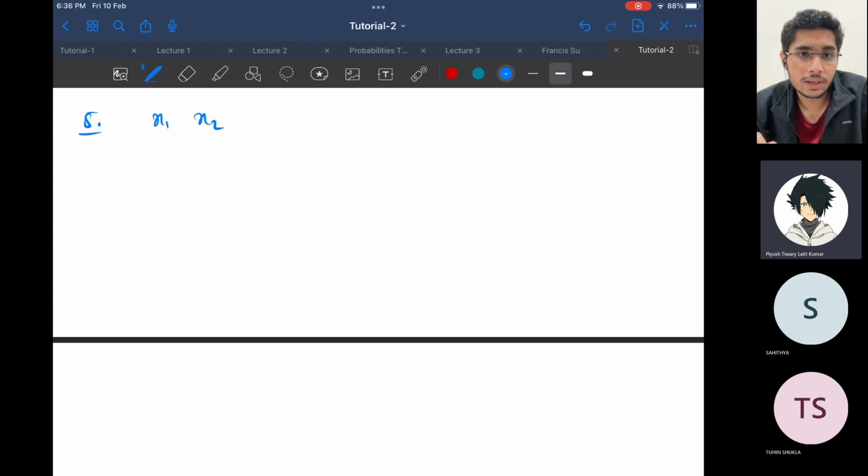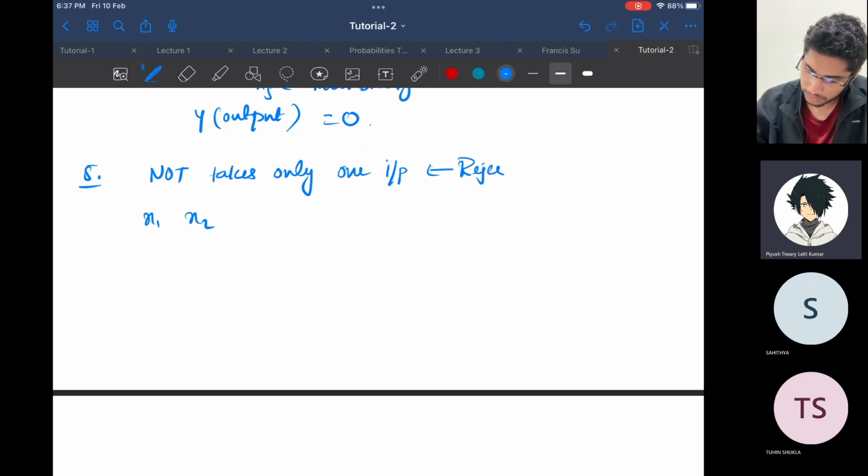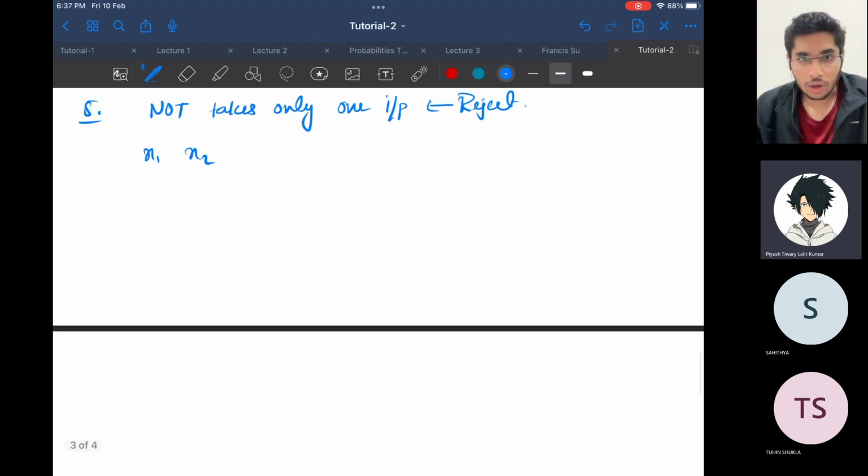So that is something you can directly reject. NOT takes only one input, hence this is rejected. The NOT cannot be modeled using this MP neuron.